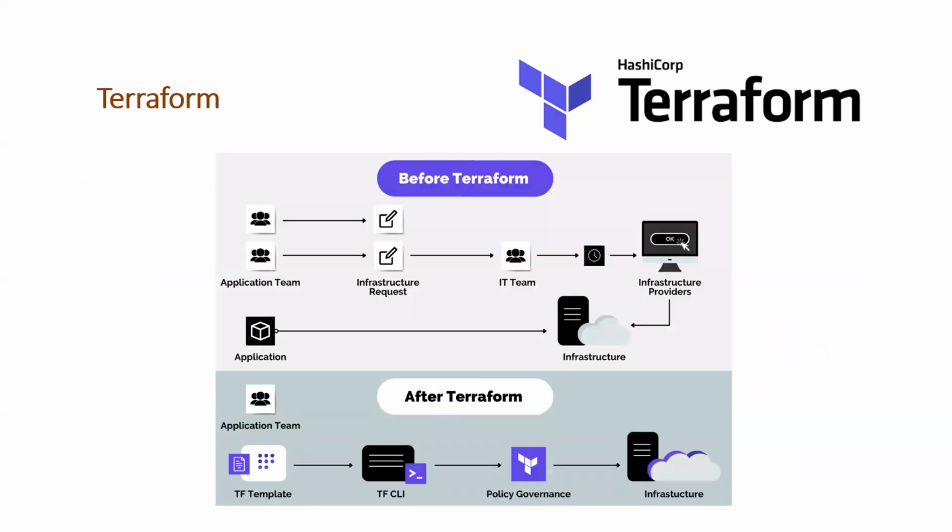Now we can think about how hectic the situation was before Terraform. The application team used to request infrastructure creation from the IT team. The IT team used to take a lot of time just to create infrastructure in the data centers, and again giving that infrastructure back to the application team. This incurred a lot of time and a lot of cost, I would say.